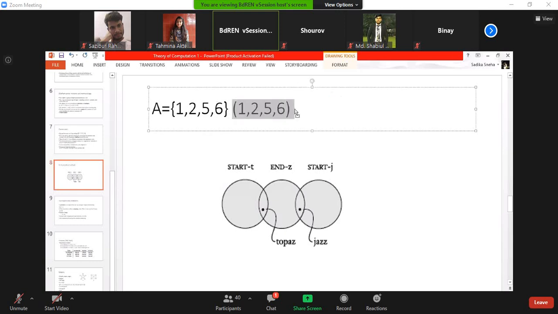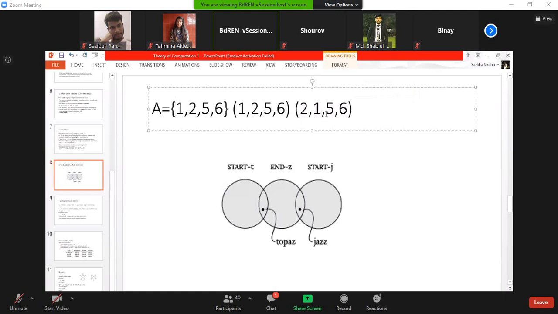Okay, but sequences follow order. The thing that I have written here is following an order that I have put. If you write 2, 1, 5 and 6, that also contains all the elements of this set, isn't it? But the elements are not in the same order as this one.